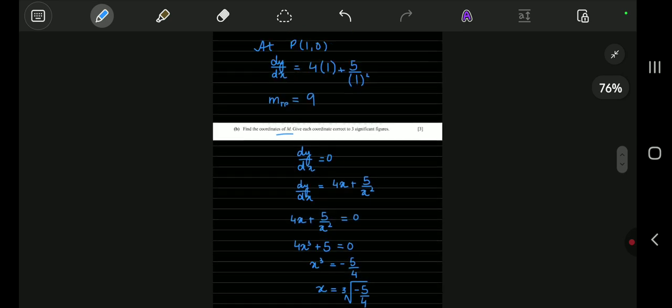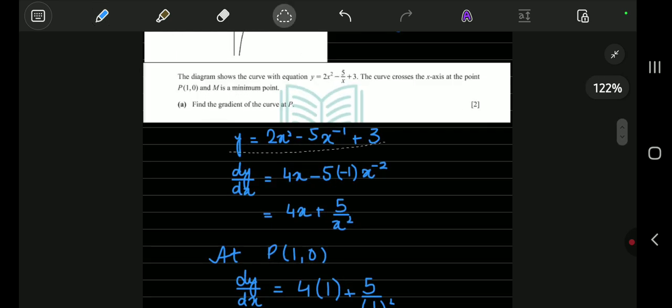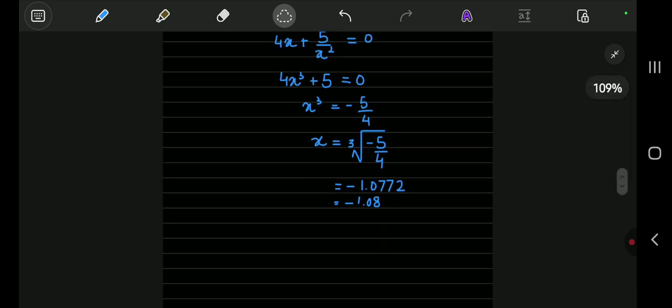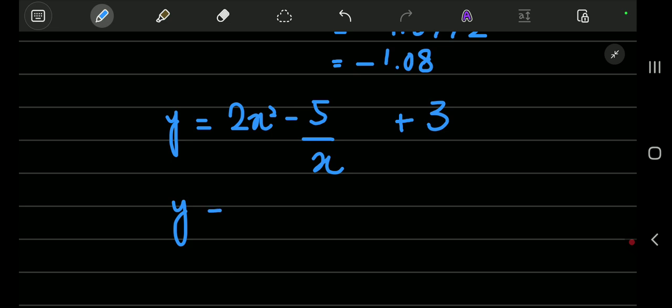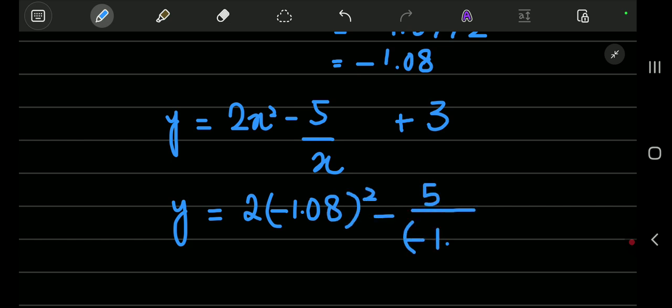We also need to find the y coordinate for this point M. So putting this x value in the equation of y, we will get y equals 2 times minus 1.08 squared minus 5 over minus 1.08 plus 3.